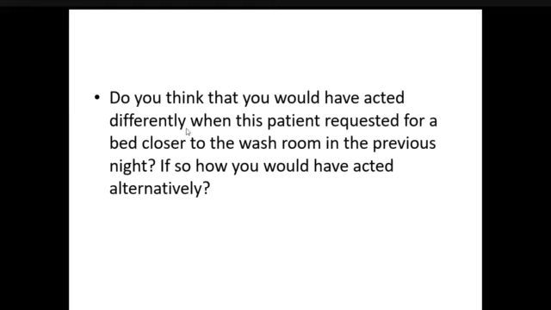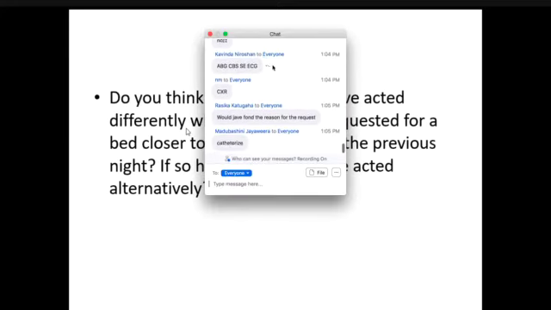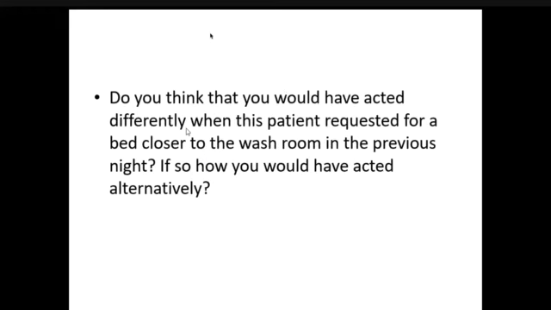When you have a patient who is requesting a bed closer to the washroom, right? Yes, you have to find out why, right? That is very important, because it can be either due to SOB or due to polyuria, right? If it is due to polyuria, then you would have checked the blood sugars, and if the patient is complaining of SOB on exertion, then you could have done an X-ray and checked whether the patient has pneumonia.